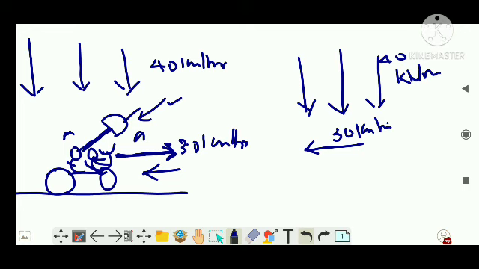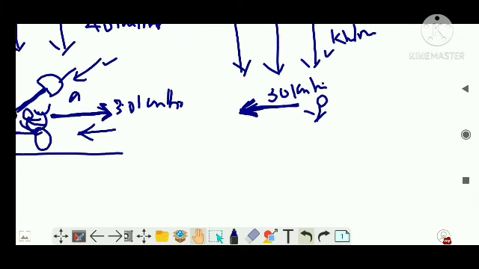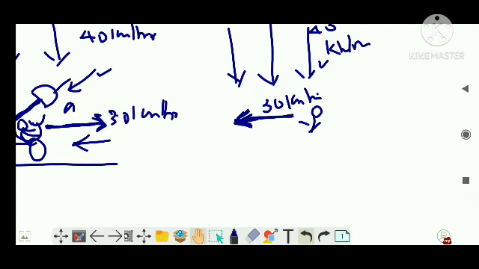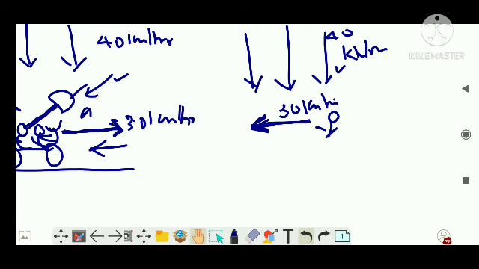Every action has an opposite reaction, so air will be acting in this direction. Clear? So this person is acted on by rain in the downward direction and air in this direction, right? So the resultant rain which he will be feeling, the rain will be obstructed by this wind also, right? Clear? It is a heavy rain, and there is a total wind in this direction, which means the rain will bend in this direction.